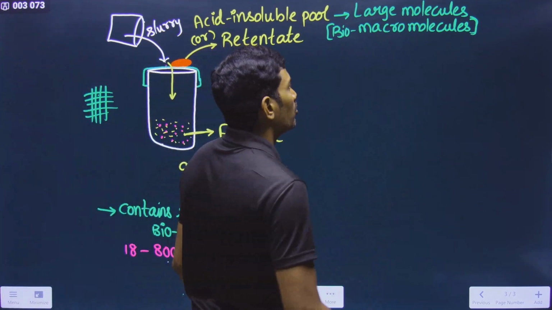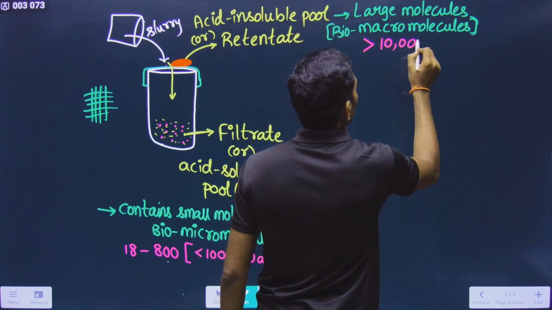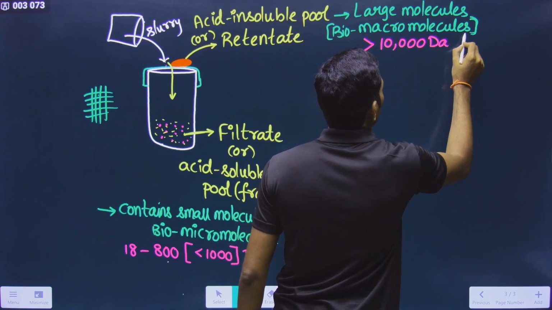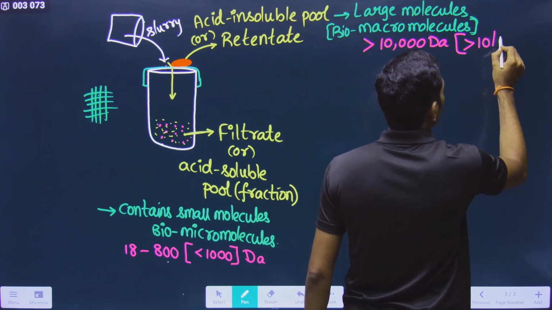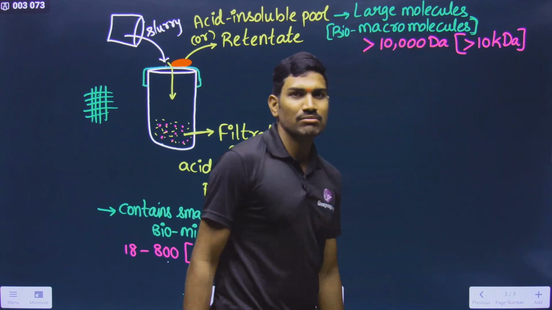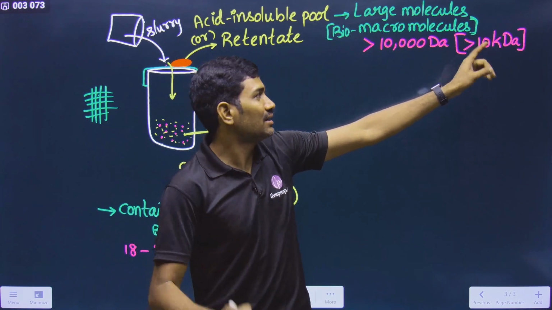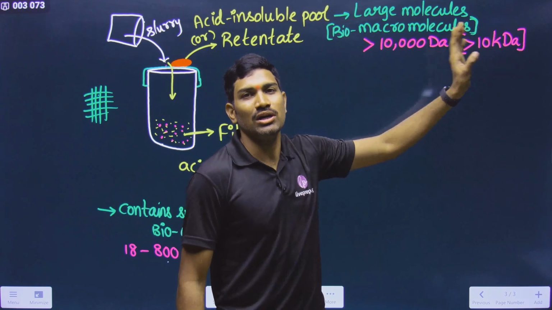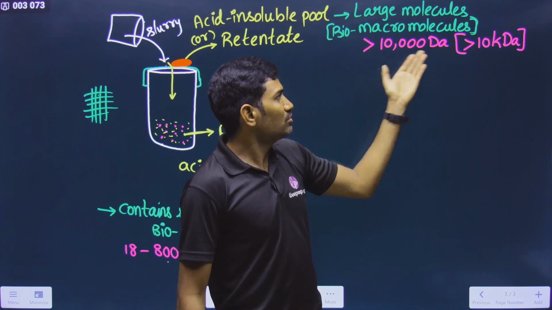And in the biomacromolecules, generally their size is more than 10,000 Daltons. You can also say this as more than 10 kilo Daltons. Many students make a mistake while writing kilo, writing capital K. It is not capital K, it is small k. Small k, capital D, small a. Kilo means 1000, so 10 into 1000 means 10,000 Daltons.